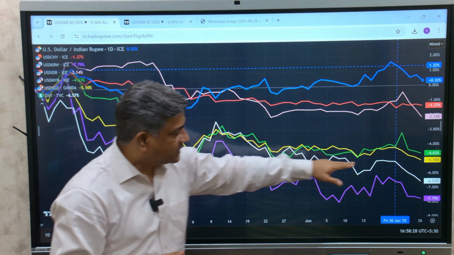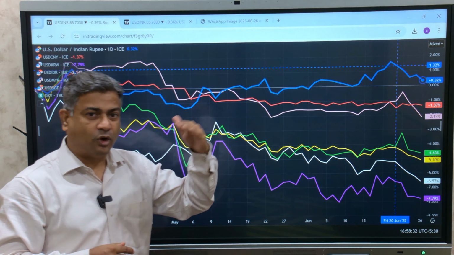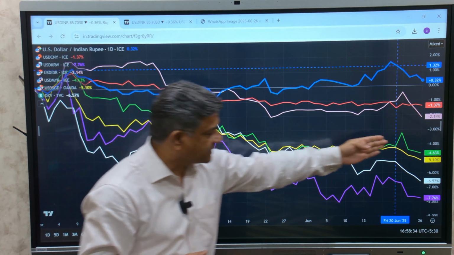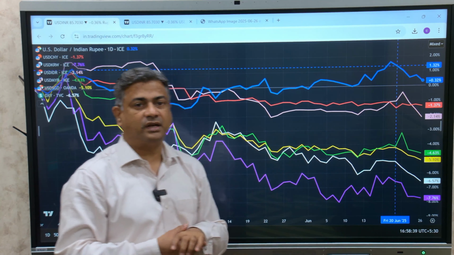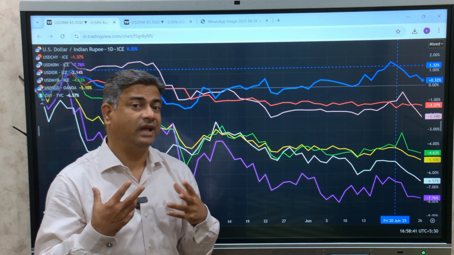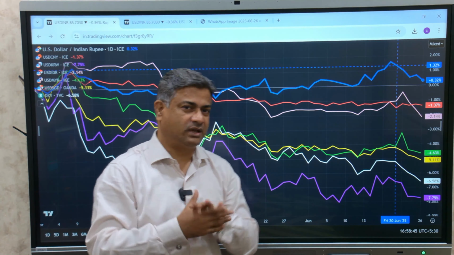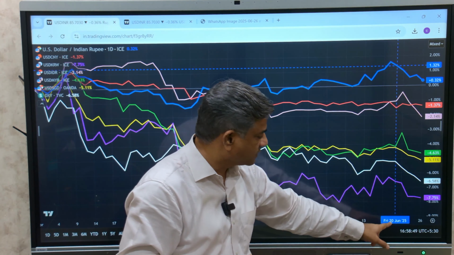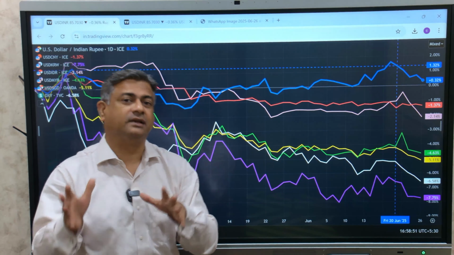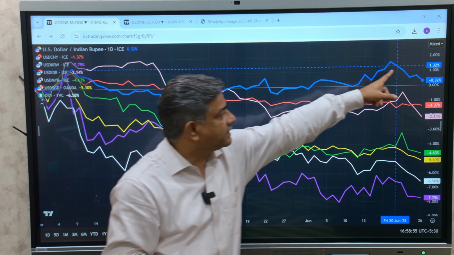The white line is the dollar index. If the dollar index has fallen, all the Asian currencies will gain, and that is what we have seen. Korean won, Singapore dollar, Malaysian ringgit, all these currencies have gained quite heavily in the last 2 to 3 months. Last week, on the 20th of June, I had indicated that dichotomy, that Asian currencies are gaining, but the INR is still weak.